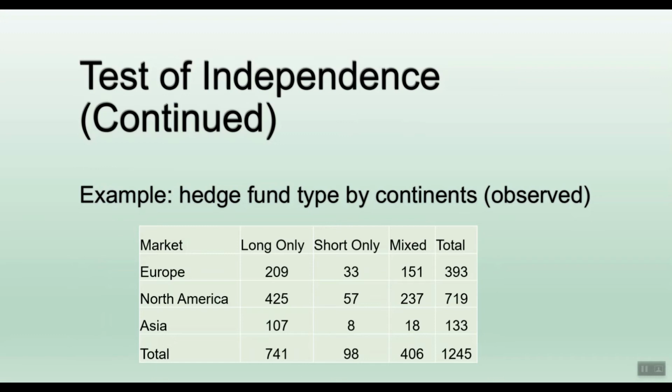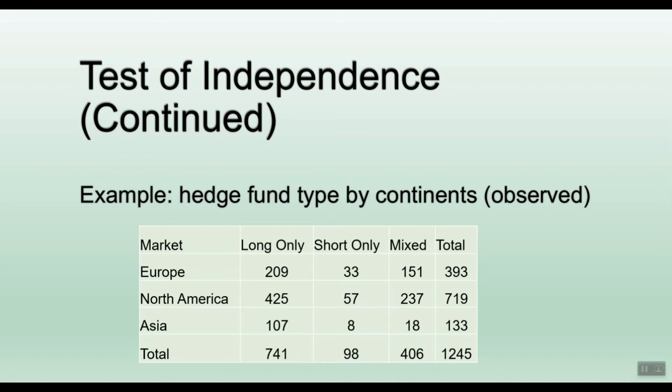Here's an example. Now, I have a contingency table of hedge fund type by continents. There are 3 hedge fund types: long only, short only, or long short mixed.